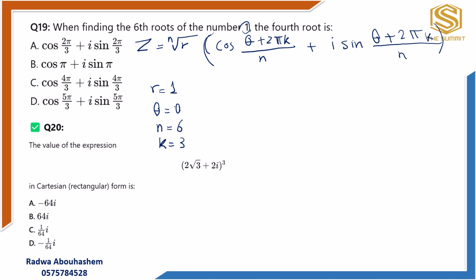Here it would be the 6th root of 1, multiplied by cosine of 0 plus 2 times 3 times pi over 6, let me write it in small handwriting.